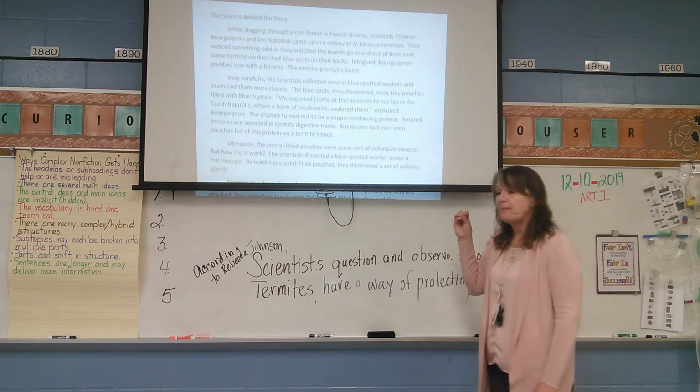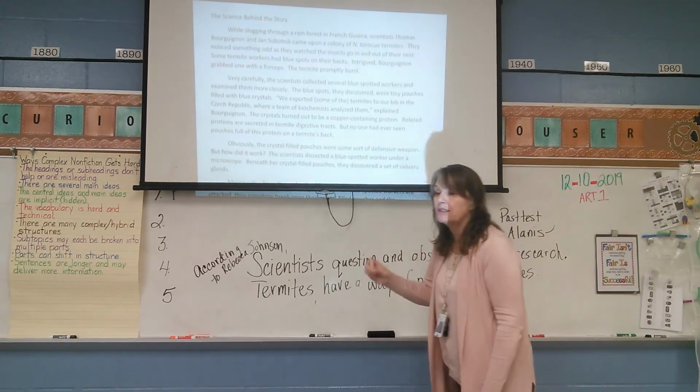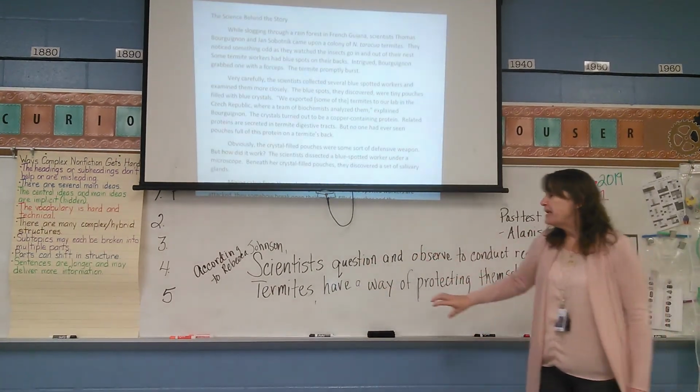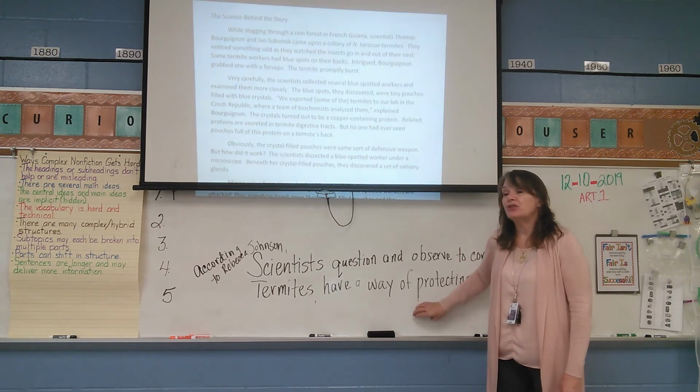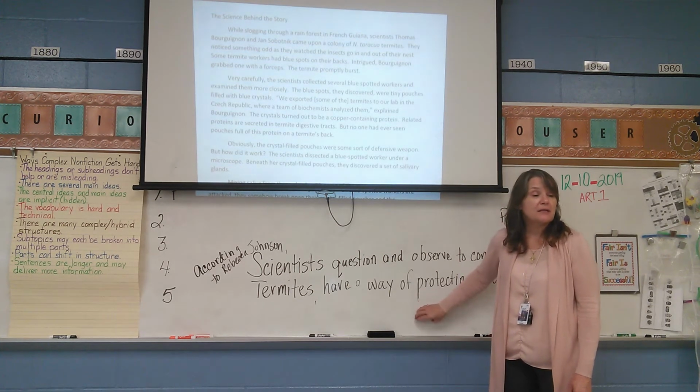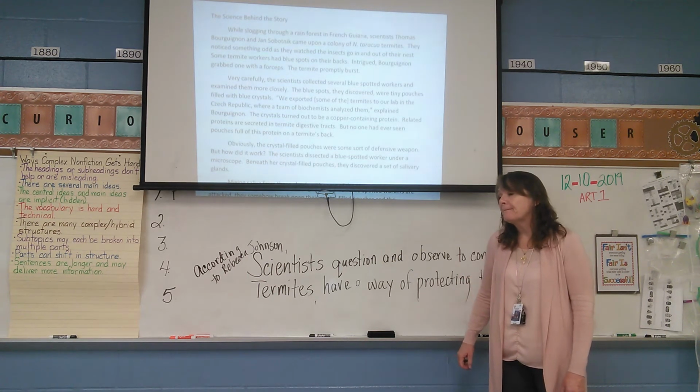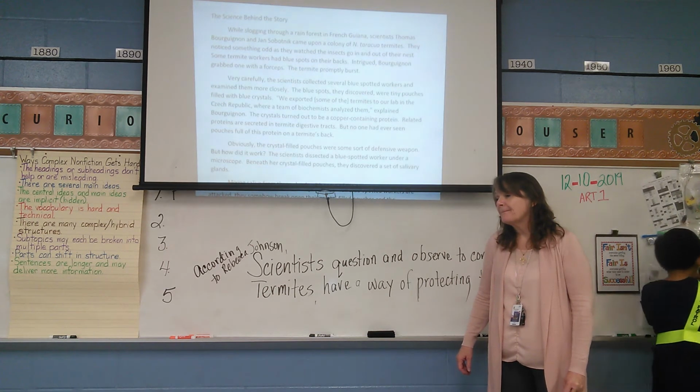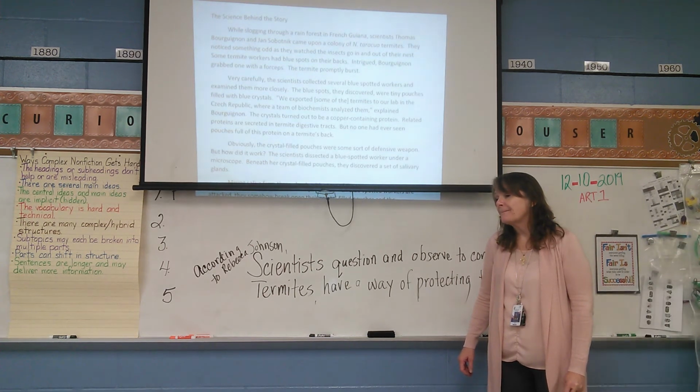They have a pouch that's filled with a blue crystal. I think that we need one more sentence about that pouch, about what happens. Think about that, about what happens. Yes. What happens is that when an attacker is trying to attack them, they use this blue pouch to protect themselves.